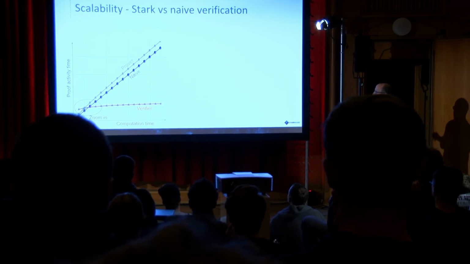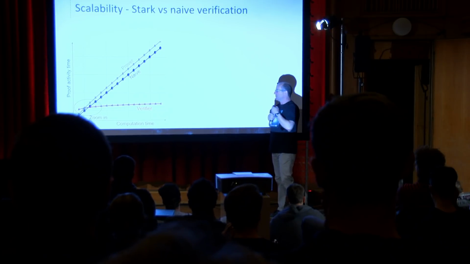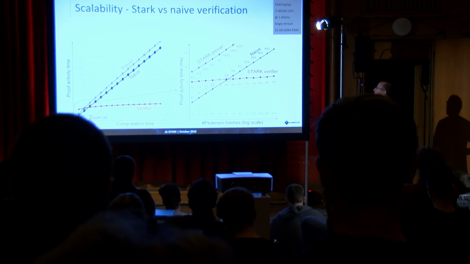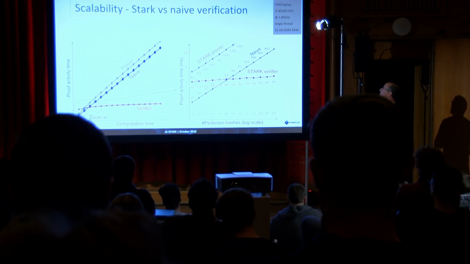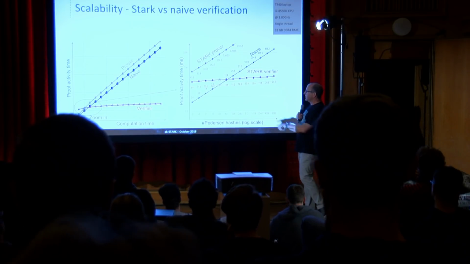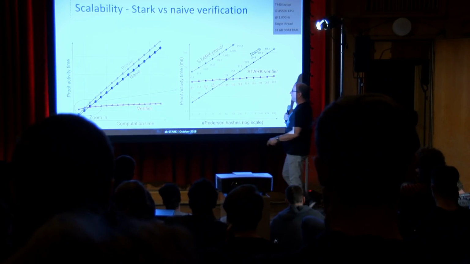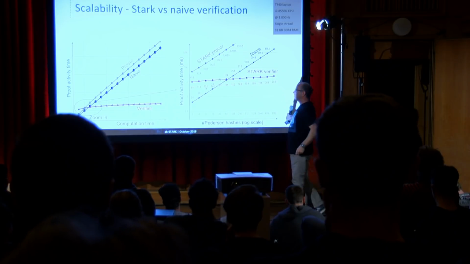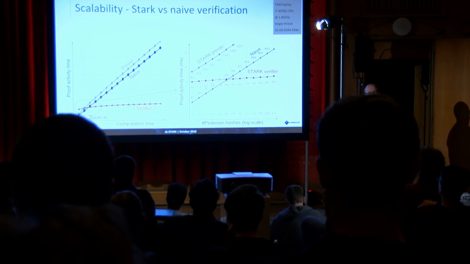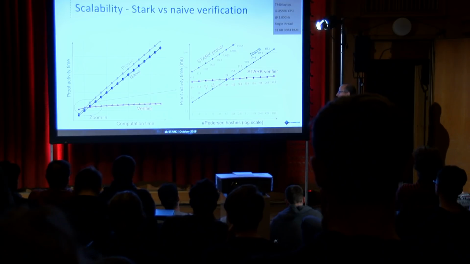I want to zoom in now and show you some numbers. All of these numbers were generated on my laptop, which is a T440 Lenovo at 1.8 gigahertz on a single thread. Here we're measuring running time in milliseconds. This region is roughly what we estimate to be the naive computation time for doing repeated invocations of a Pedersen hash. It's roughly 5 hashes per millisecond on a single thread.